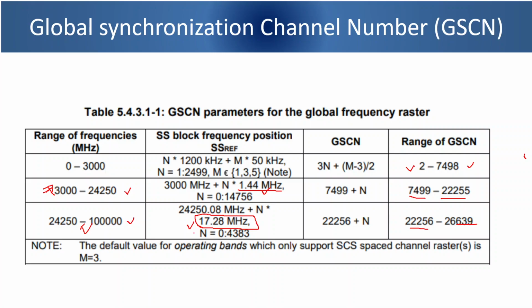So those synchronization signals will be placed in these steps only. At any of these points it can be kept. So this is the concept of global synchronization channel number and the reference frequency corresponding to each GSCN.